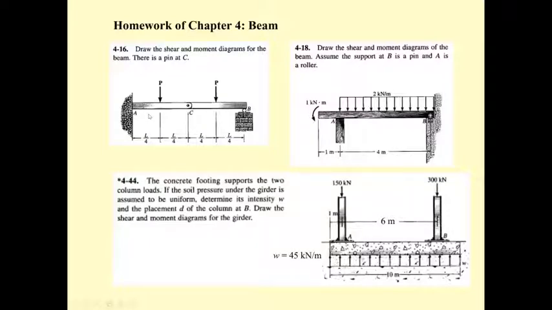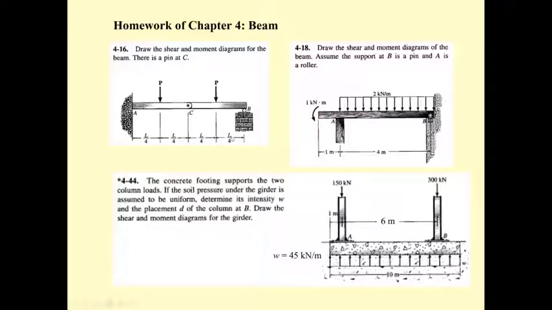And then by using the computer, you are supposed to assume something. For example, you assume P equal to 10 kilonewton, and assume L equal to 10. So that is going to be 2.5, 2.5, 2.5, and 2.5.